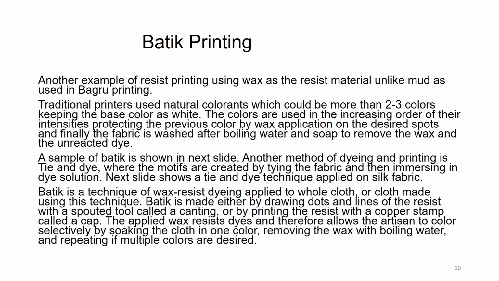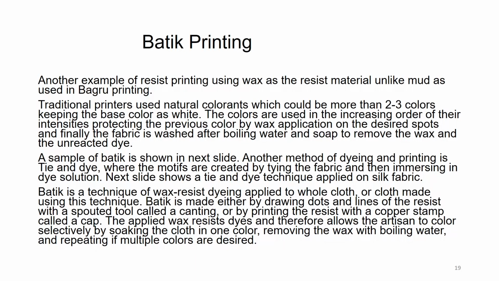Moving on, we now try to learn batik printing. Another example of resist printing using wax as the resist material. Unlike mud, which is used in Bagru or Dabu printing, here it is wax. Traditional printers used natural colorants which could be more than 2 to 3 colors, keeping the base color as white.